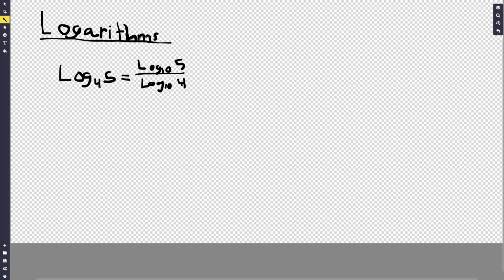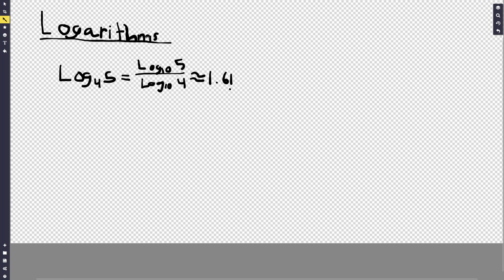If we plug this into our calculator, we get log of 5 divided by log of 4, so approximately 1.61. Feel free to work these out with me.